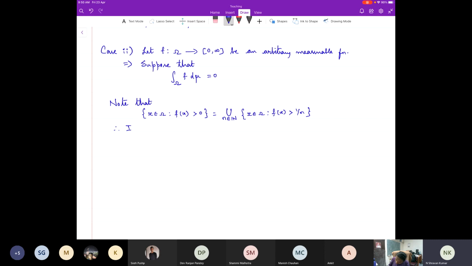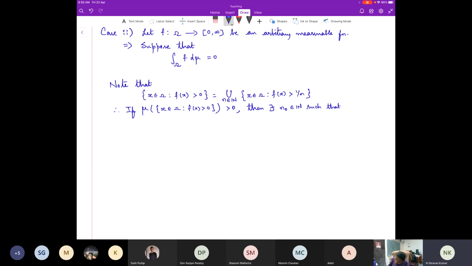Therefore, suppose the measure of the set of x in omega such that f(x) is bigger than 0 is greater than 0. Once you know that this set has positive measure, there exists at least one n naught in N such that the measure of the set of x in omega such that f(x) is bigger than 1 by n naught is bigger than 0.